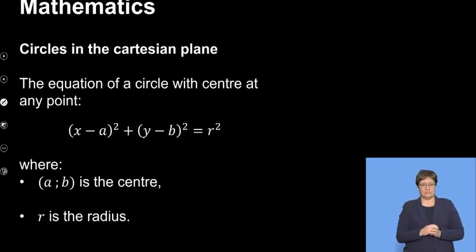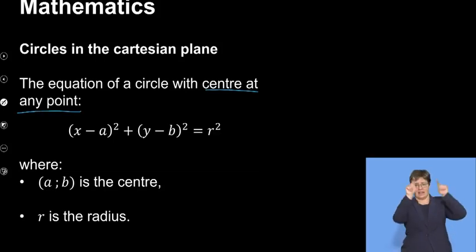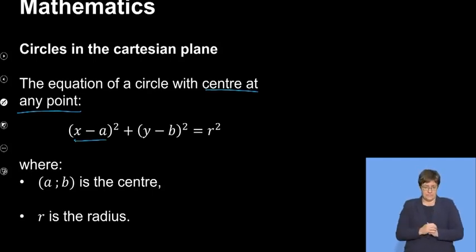Just a quick overview of what you need to be familiar with: we have circles in the Cartesian plane, where the equation of a circle has its center at any point on the Cartesian plane. The equation is normally given by (x minus a) squared plus (y minus b) squared equals r squared.